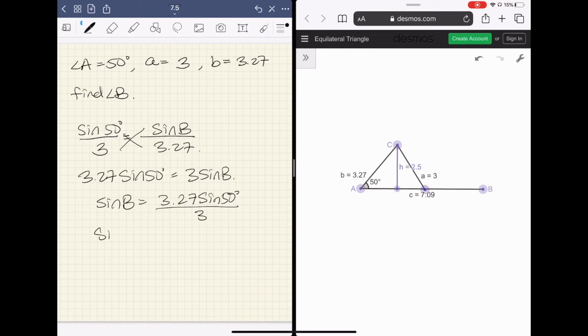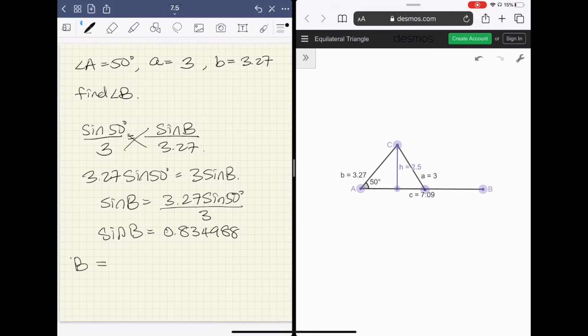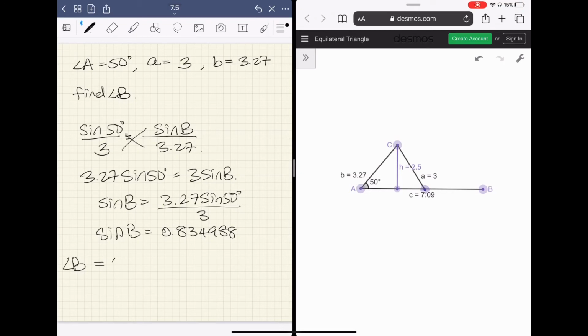So sine B is equal to 0.834988. And so angle B is equal to about 56.6 degrees.